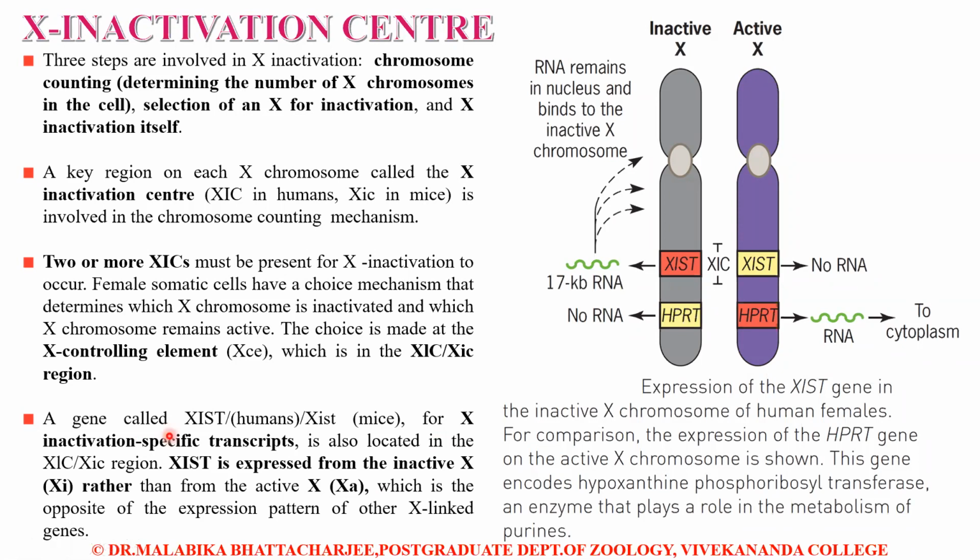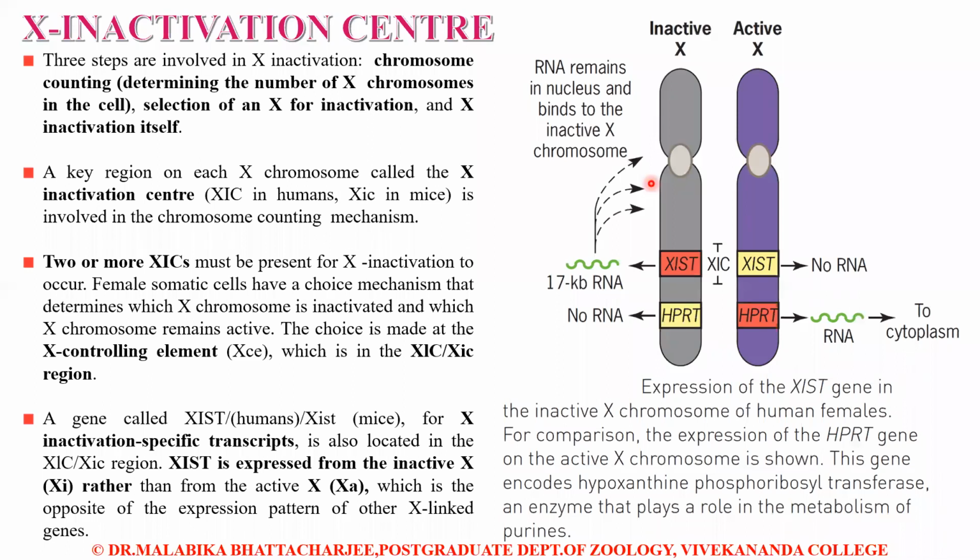As you can see in this picture, there are two X chromosomes. The main region or the central focal point of the X chromosome, which is involved in the chromosome counting mechanism, is known as the X inactivation center. Usually, there should be two or more X inactivation centers for X inactivation to occur.